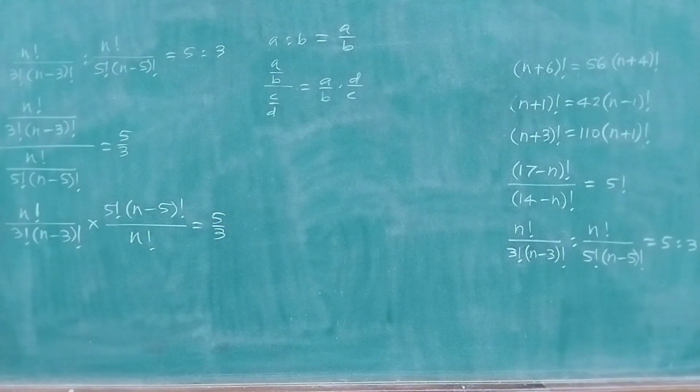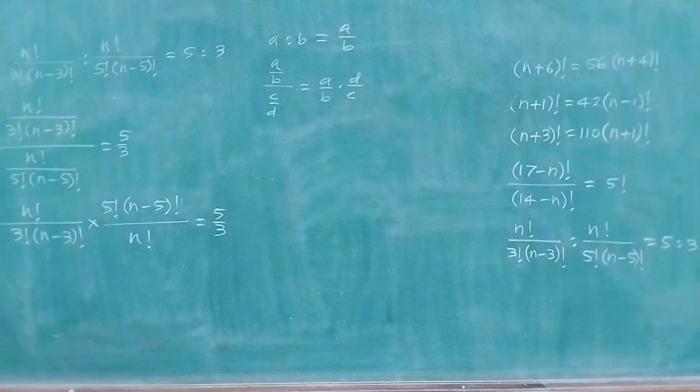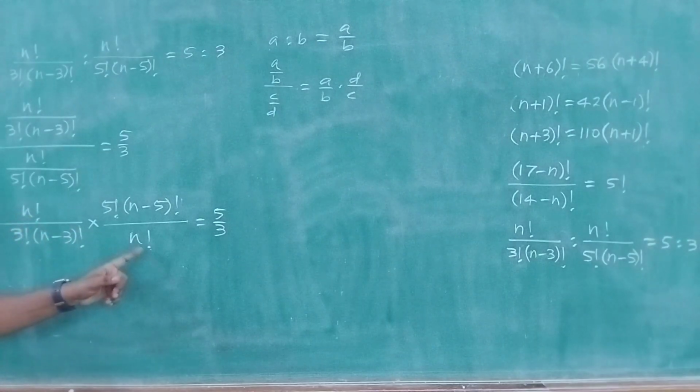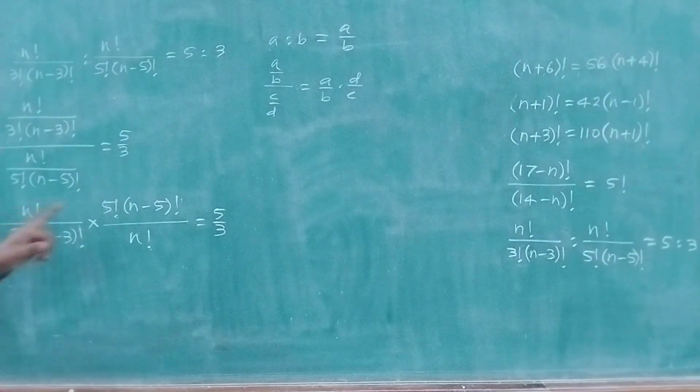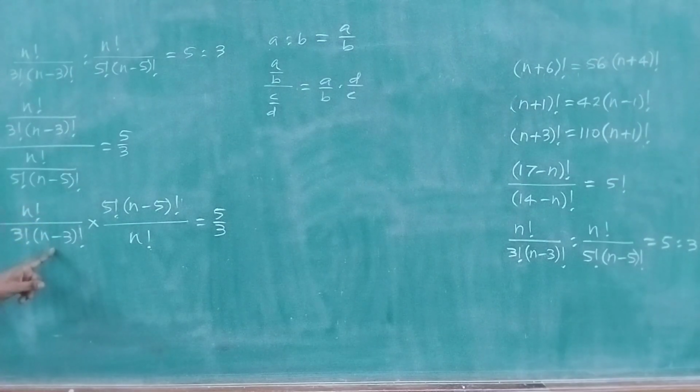Now check whether some cancellations are possible or not. Definitely some cancellations are there. The first one is definitely n factorial, which will get removed. Now check whether (n minus 5) factorial can be written in terms of (n minus 3) factorial, or whether (n minus 3) factorial can be written in terms of (n minus 5) factorial.